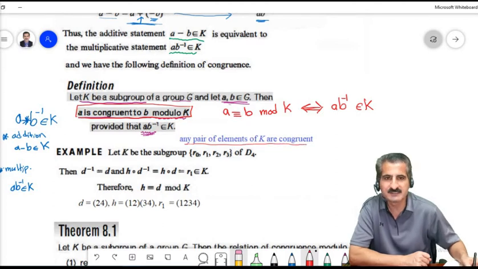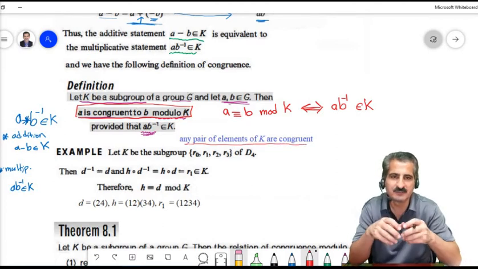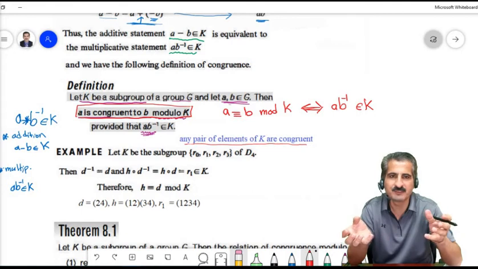Why is that? Because let's start with a subgroup K.